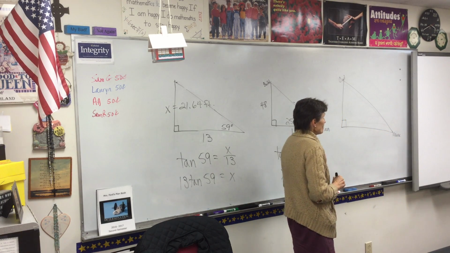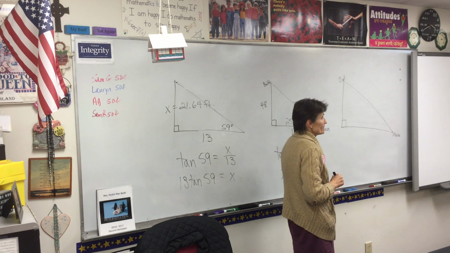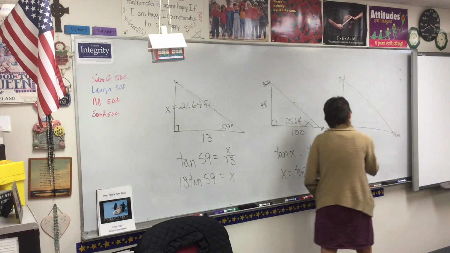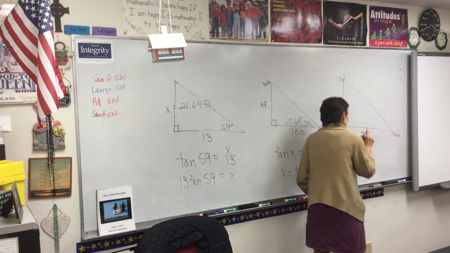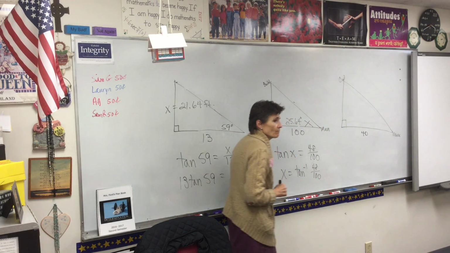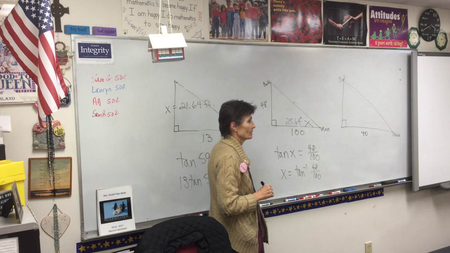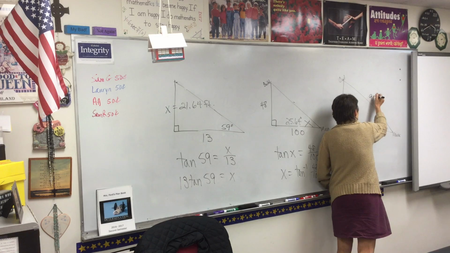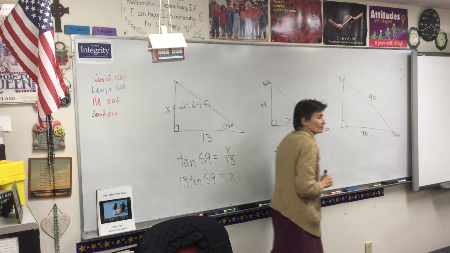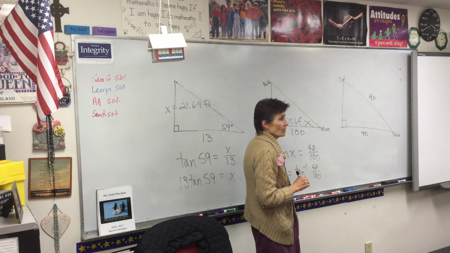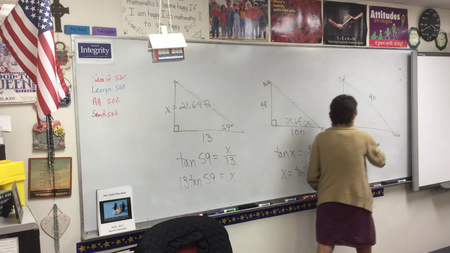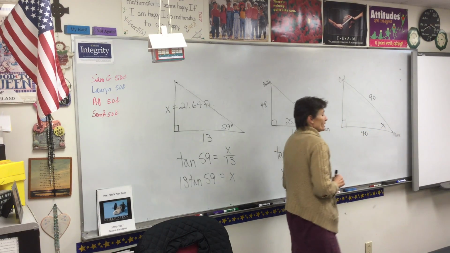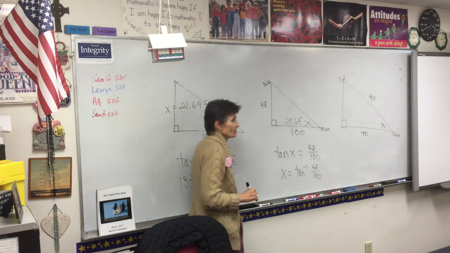The mouse is 40 feet from the base of the tree. The owl is 90 feet from the mouse. What is the owl's angle of depression to the mouse?